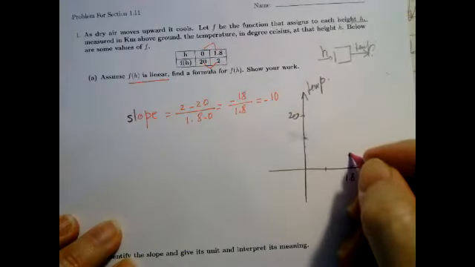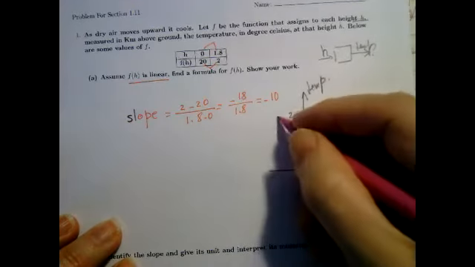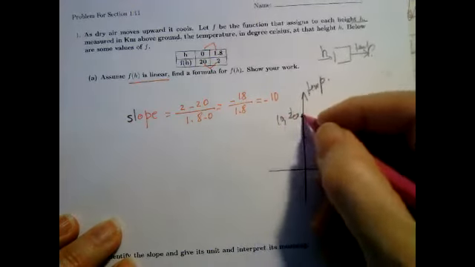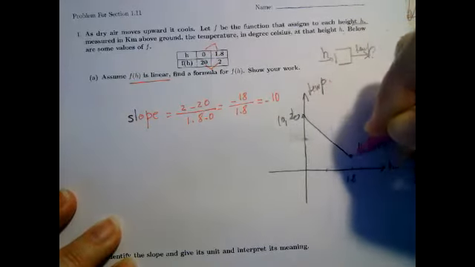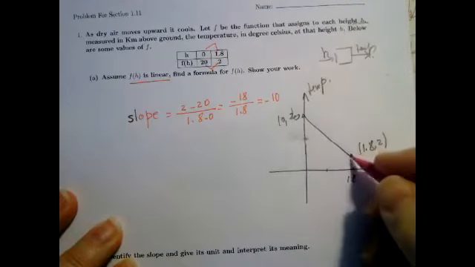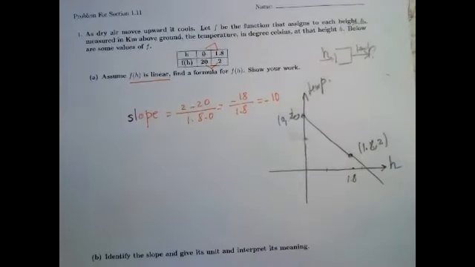So this is 1.8 and 2, and this is 0 and 20. That's a point, and that's the graph. It's a straight line. F of h is linear. Finding a formula is basically finding the formula for this line that we see.